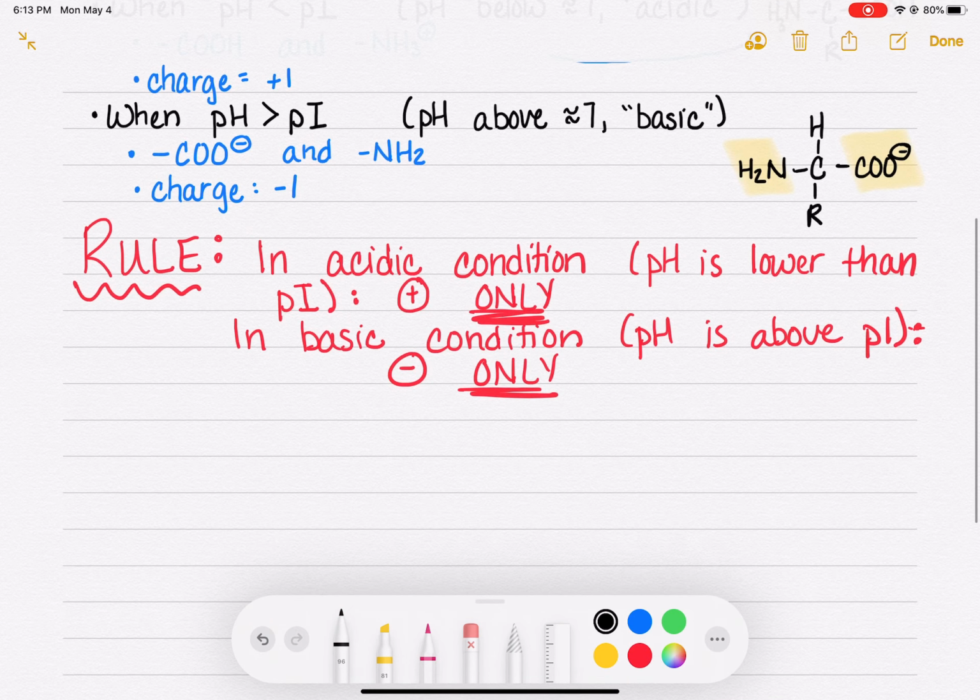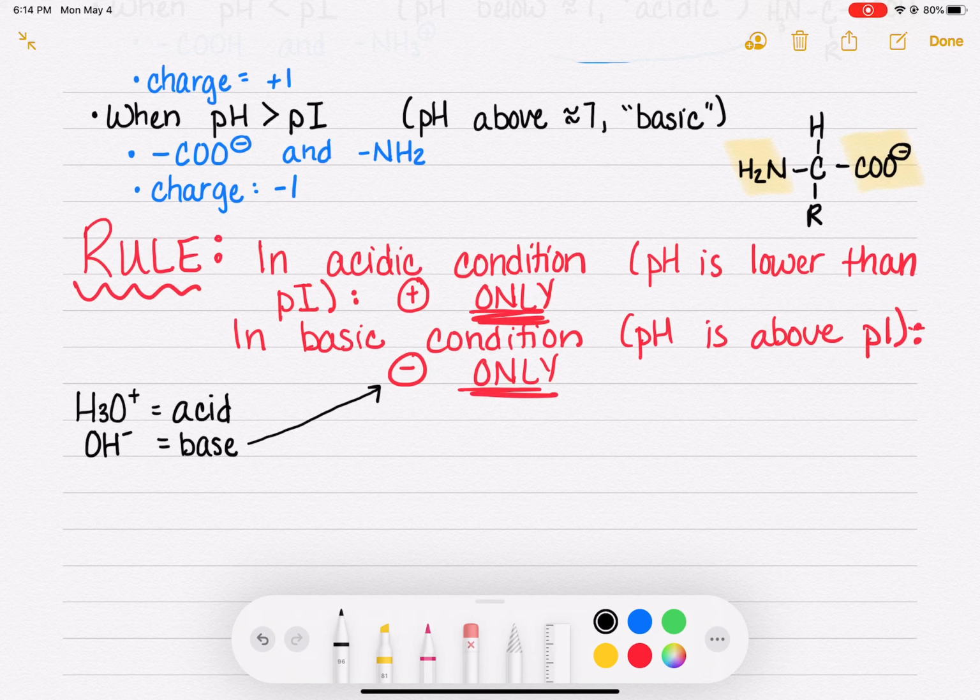When you were doing acid-base chemistry in 121, you probably got familiar with some structures of acids, like H3O+, which is a very common acid that we see all the time in general chemistry. And you might have become familiar with OH-, which is a very common base that we see all of the time in general chemistry.